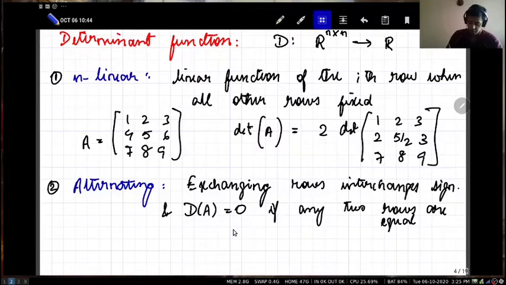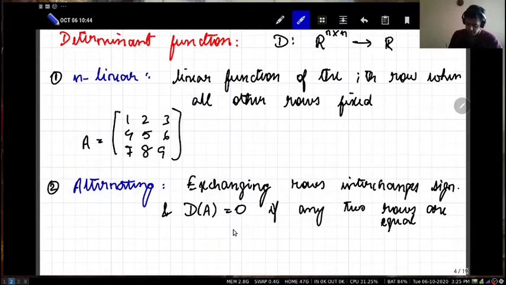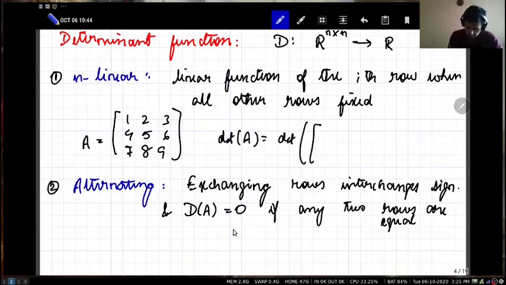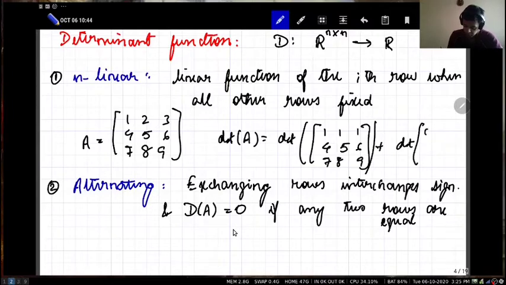And I can also write the determinant of A as equal to the determinant of 1, 1, 1, 4, 5, 6, 7, 8, 9 plus the determinant of 0, 1, 2, 4, 5, 6, 7, 8, 9.